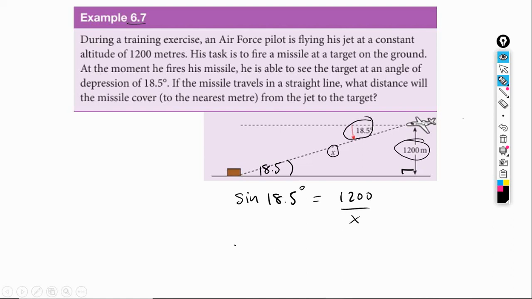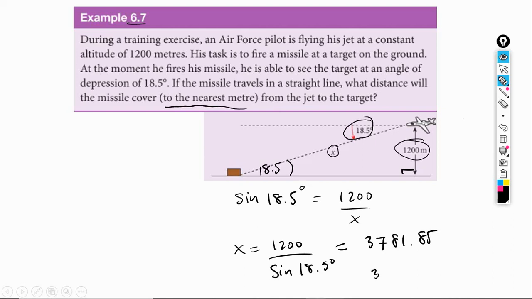That means that x has to equal 1,200 divided by sine of 18.5 degrees. And plugging that into the calculator, it's going to give us approximately 3,781.85. But they want us to round, they said, to the nearest meter. Okay, so we have to rewrite this as 3,782 meters, and that would be the answer.